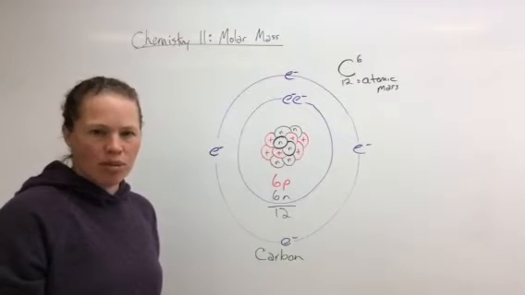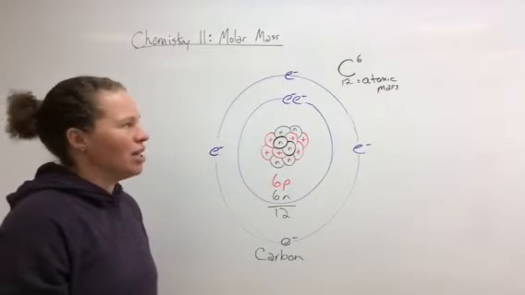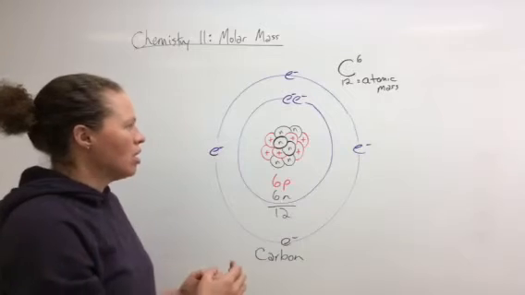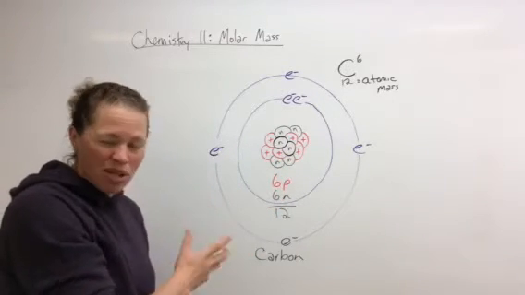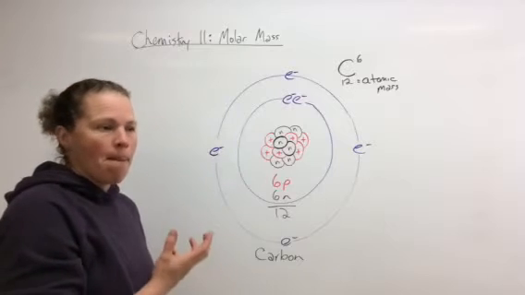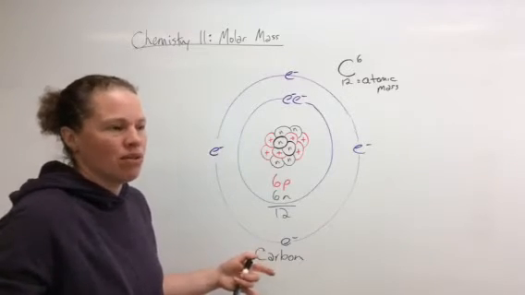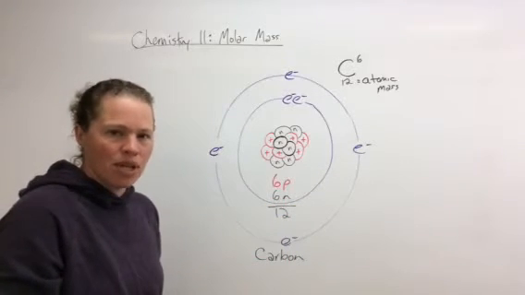When we start talking about moles, we're talking about how many actual atoms there are in 12 grams of carbon. So not that we're counting 1, 2, 3, 4, 5, 6, 7, 8, 9, 10, 11, 12 subatomic particles, but that we're taking that and sort of increasing it and using 12 grams.